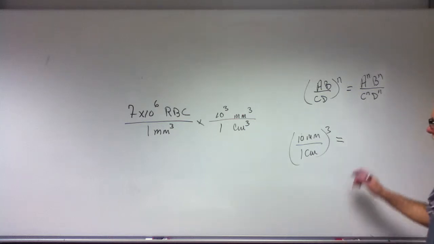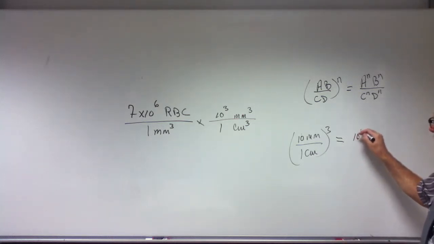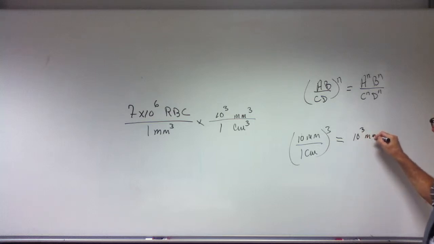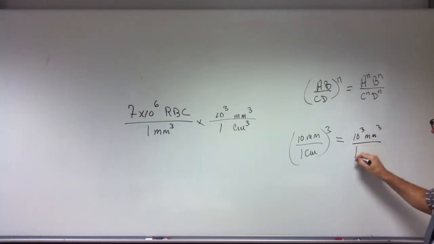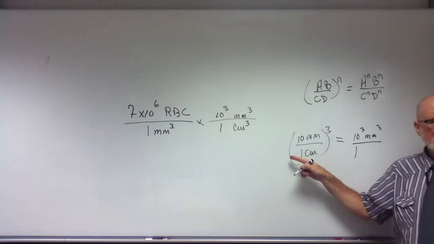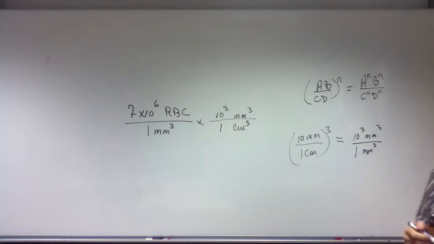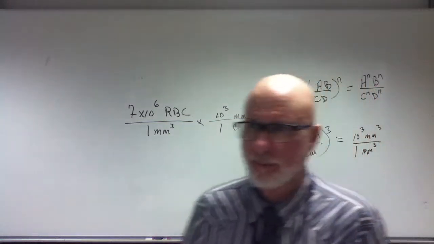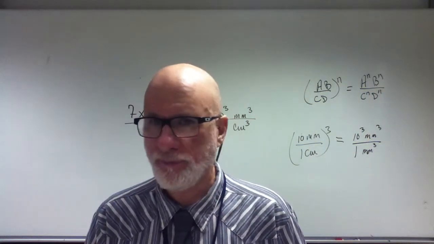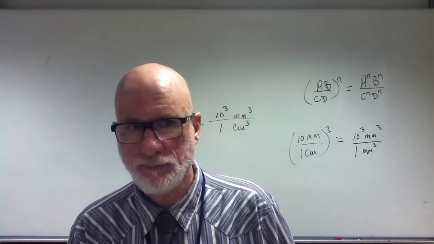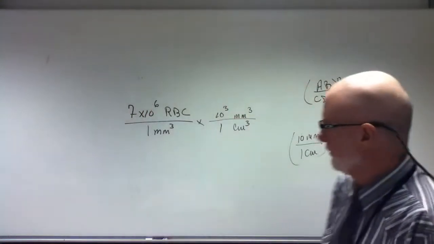Like a rule. So this is going to equal 10 cubed millimeter cubed over 1 cubed is 1 centimeter cubed. That's all I did. Is that okay? You all right with that, Kaylee? Orla? You all right? Okay.